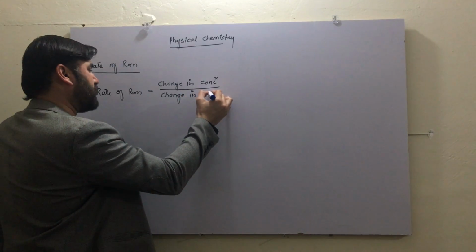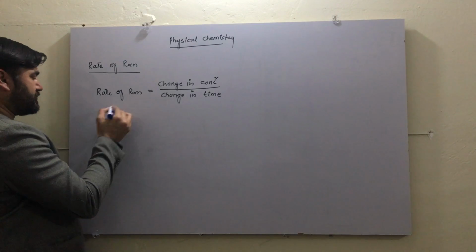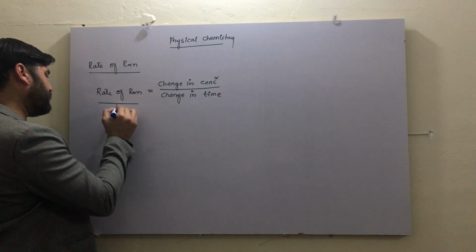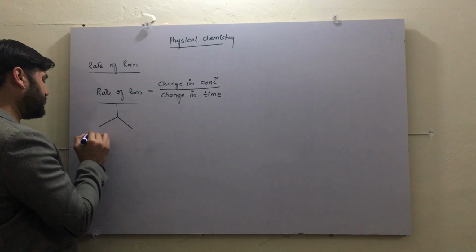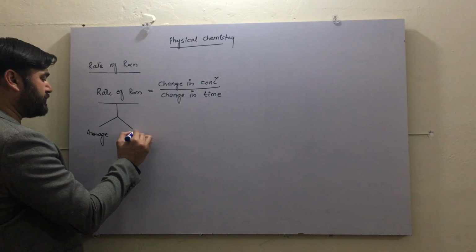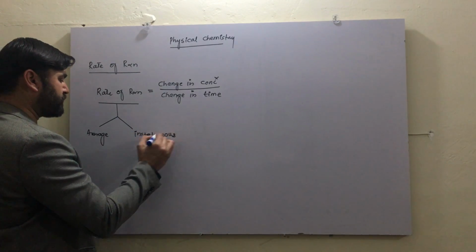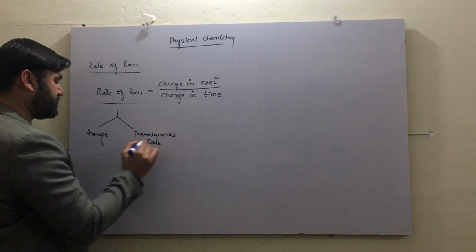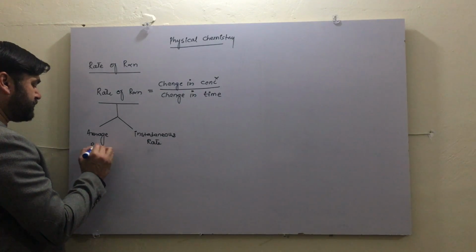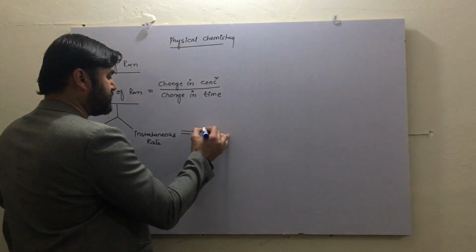And we divided the rate of reaction into two categories: one is average, and one is instantaneous rate.